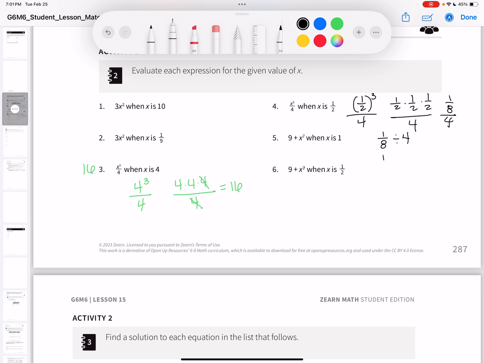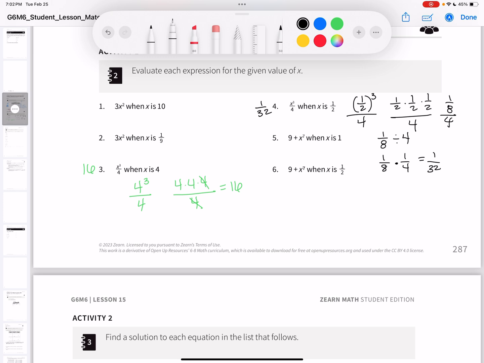So we keep 1/8, we change to multiplication, and we multiply by the reciprocal. So 1 times 1 is 1. 8 times 4 is 32, right? So this is really 1/32. Okay?